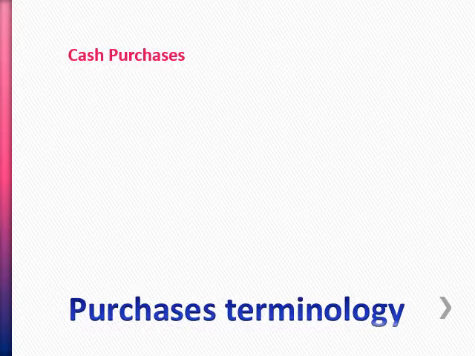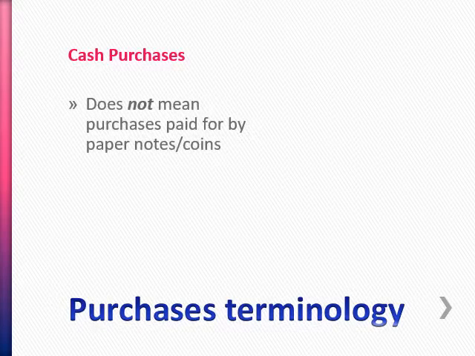Before we look at the books themselves, though, I want to make the distinction between something called a cash purchase and a credit purchase. Now, a cash purchase, when accountants and bookkeepers use this term, we're not actually referring to a purchase that's paid for by paper notes or coins.